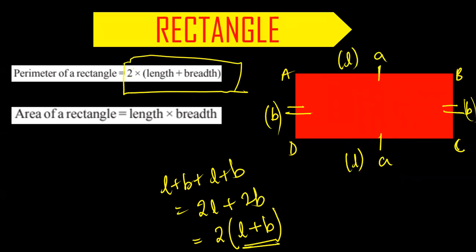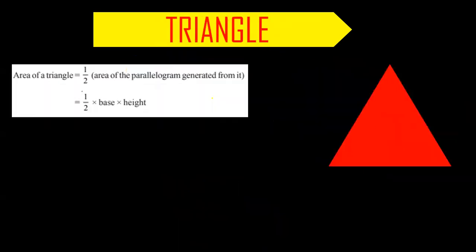Similarly, the area of the rectangle is again length into breadth. In a square, it was side into side, that is adjacent side into adjacent side. Whereas in a rectangle, it's the same thing, but we know that the measurements are different. So it is L into B, or length into breadth.